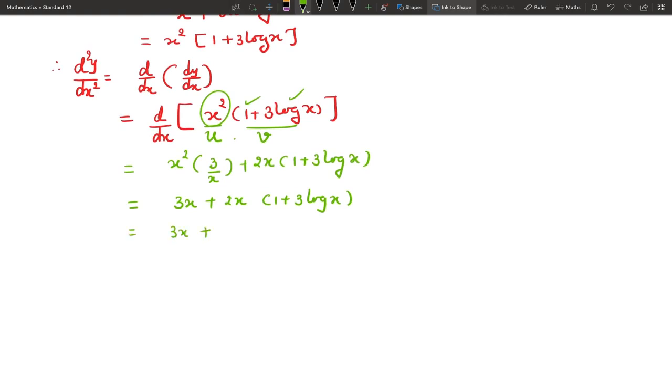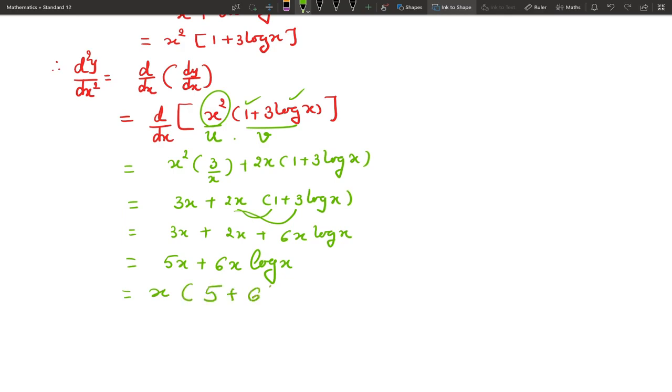This is 3x, 2x into 1, 2x, 2 into 3, 6x log x, 3x plus 2x, 5x plus 6x log x, or this can be written as, if we take x common, 5 plus 6 log x.